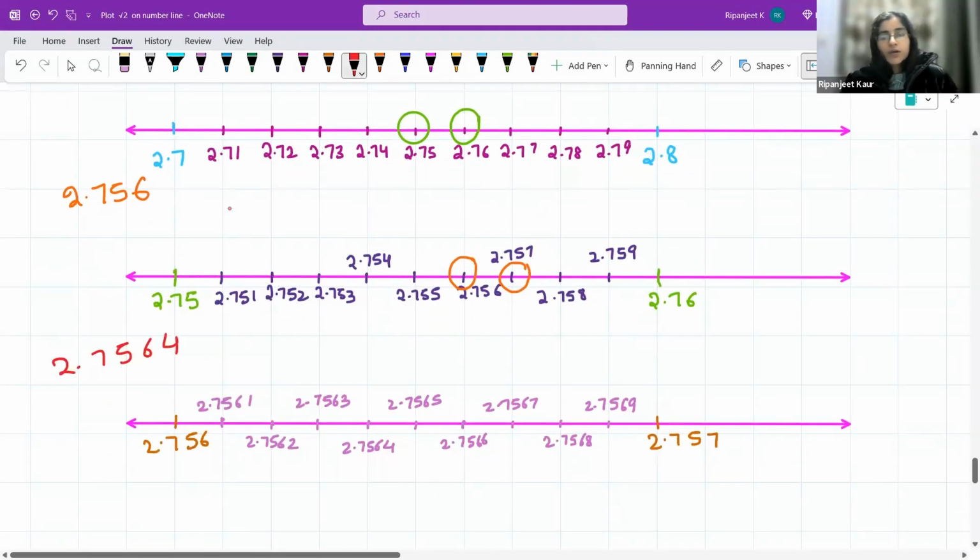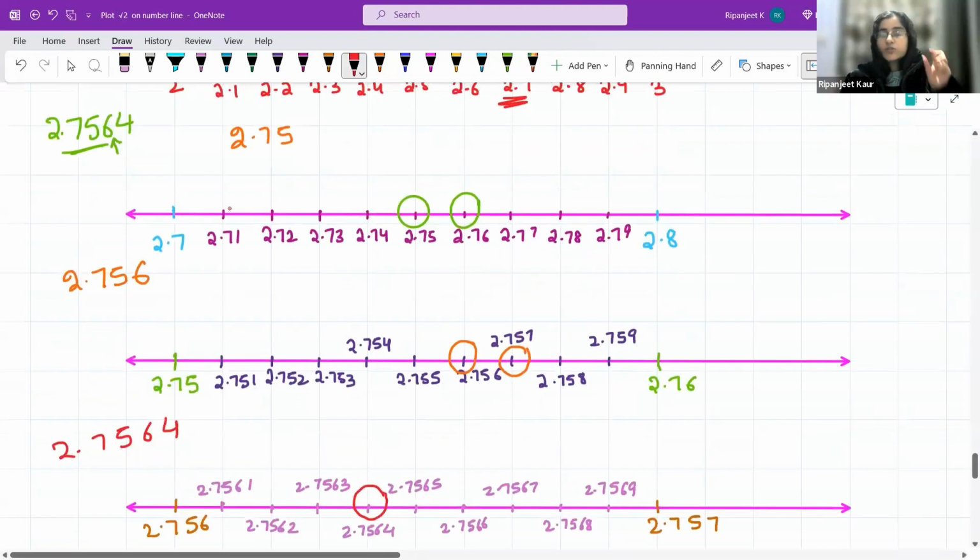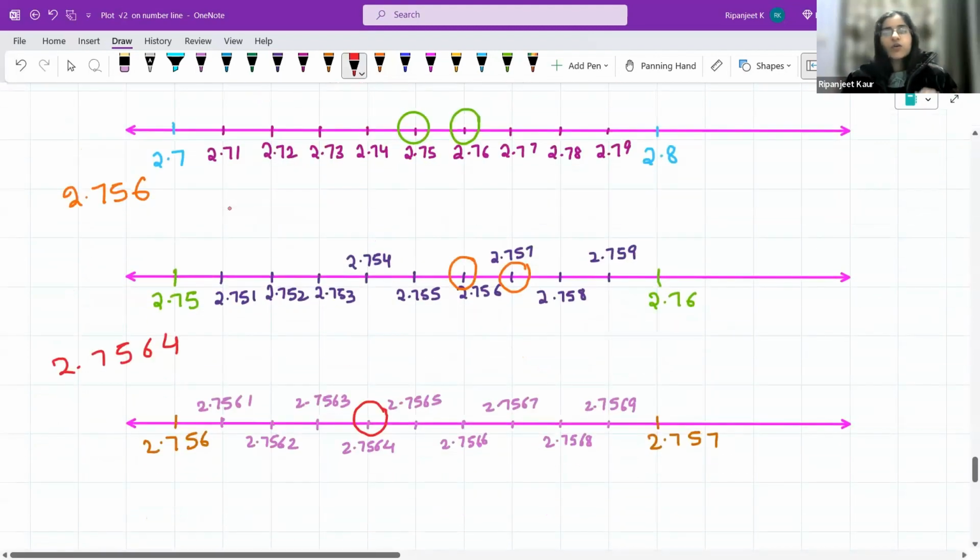Okay, so let us see where it is. Finally, can you see it here? Over here, 2.7564. So this is how we can locate numbers which are so tiny, right? They all exist on the same number line.